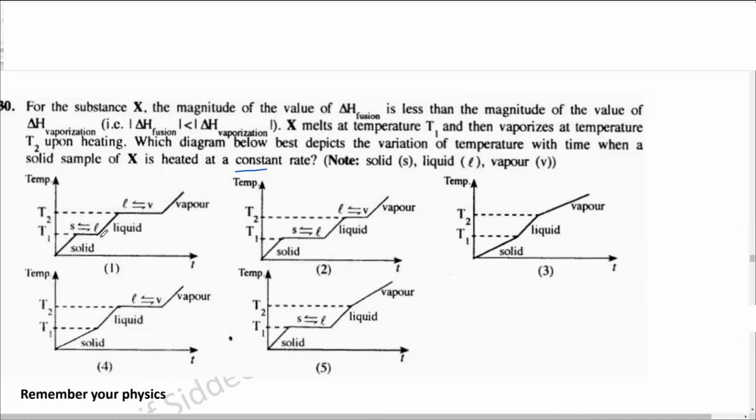When solid is converted to liquid, you need to understand what is happening with the temperature. When there is a phase change from a solid to liquid, there is no temperature difference.